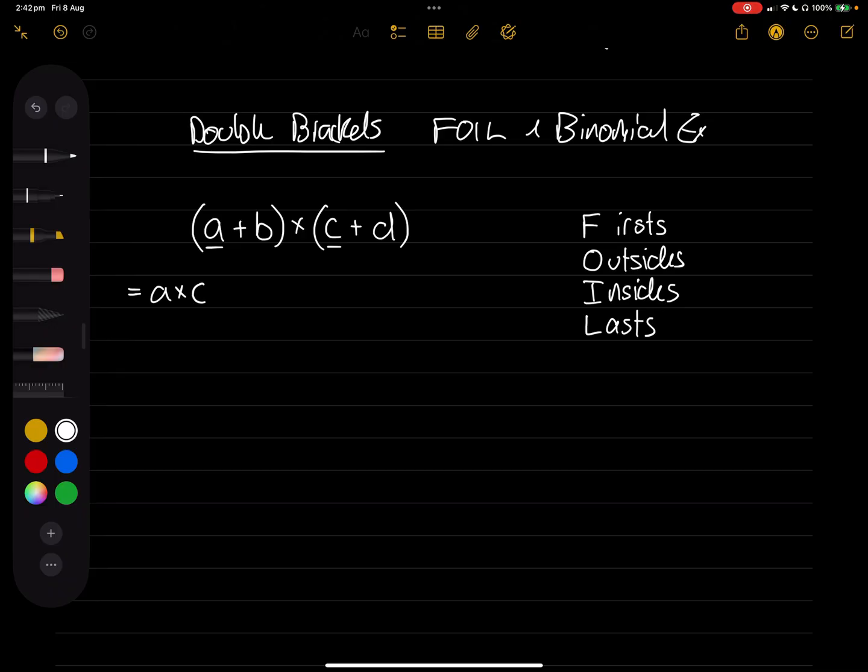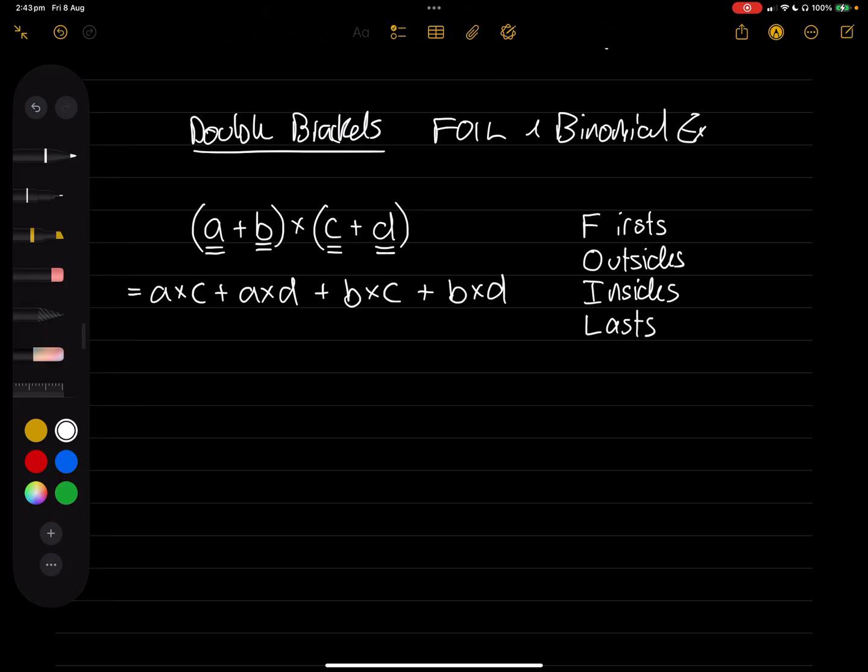We do the outside terms in each bracket, A times D. We do the inside terms in each bracket, that's B times C. And then we do the last terms in each bracket, that's B times D. And then we put additions between these four terms.